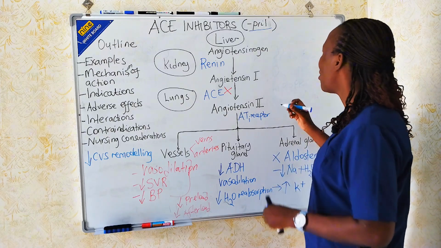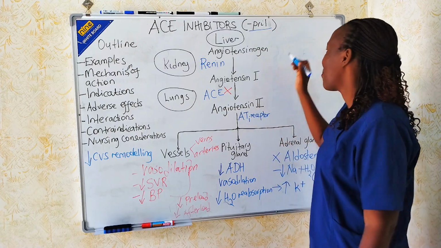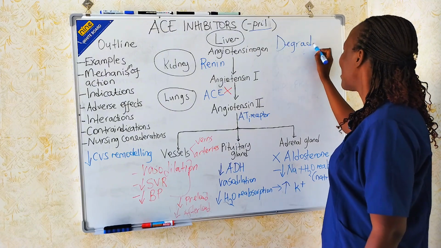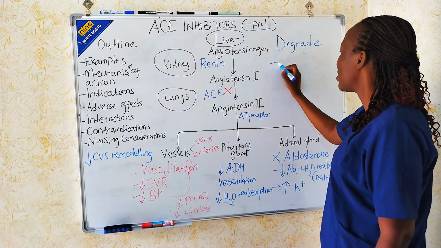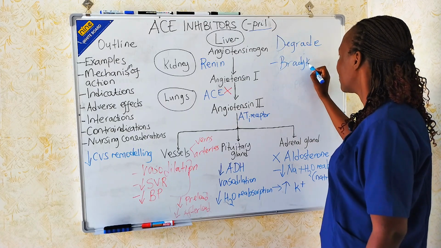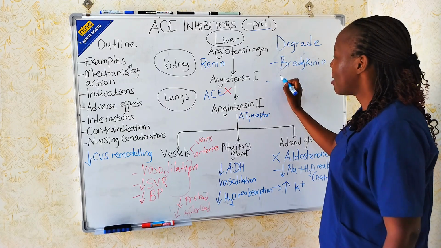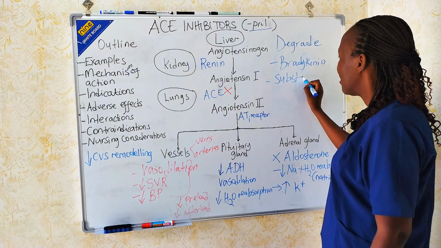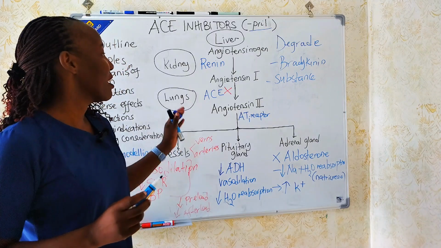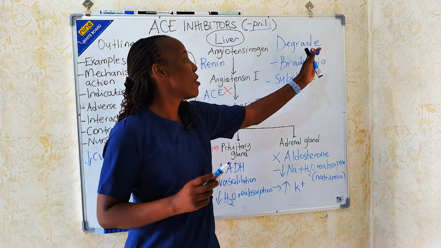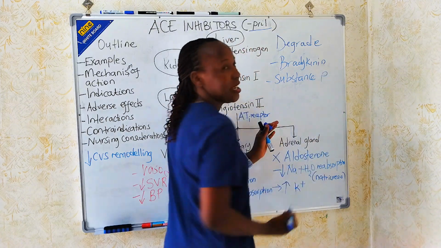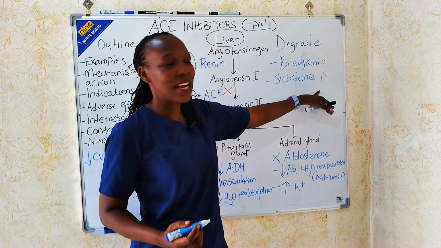ACE also degrades some vasodilators in the body, especially bradykinin and substance P. These are vasodilators.